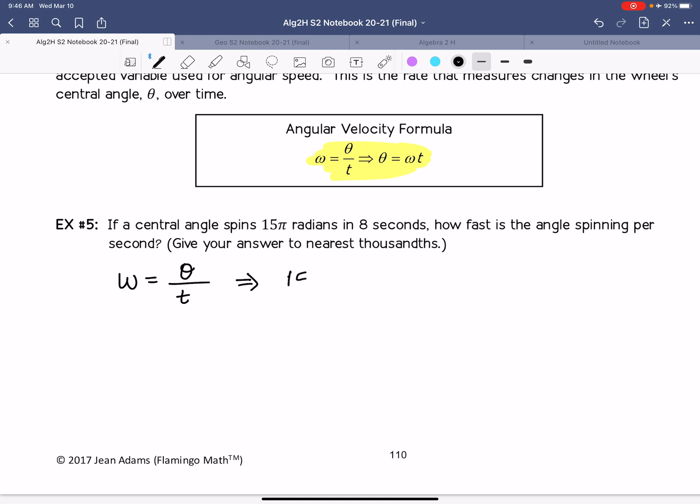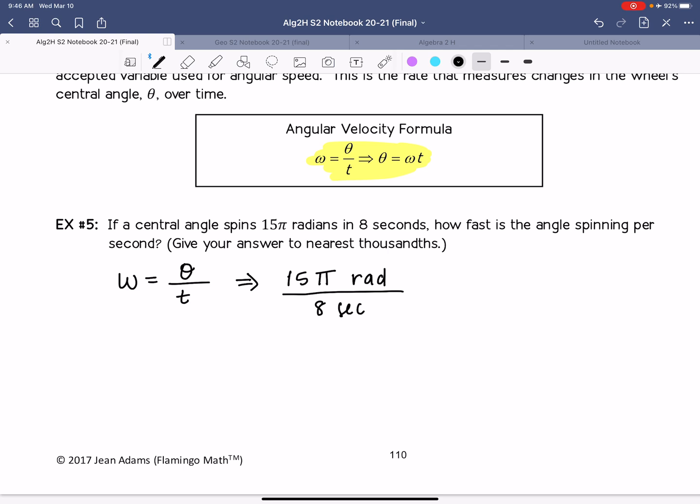Theta is 15 pi. Let me make a note: all of these formulas are in radians. Make sure we're in radians every single time, no degrees. So we get 15 pi radians per 8 seconds.